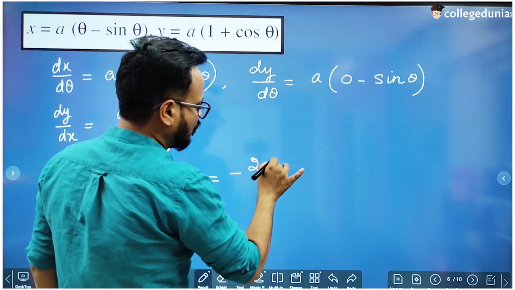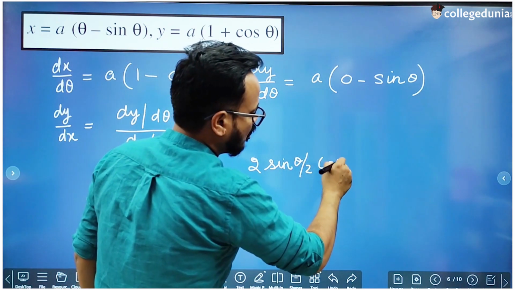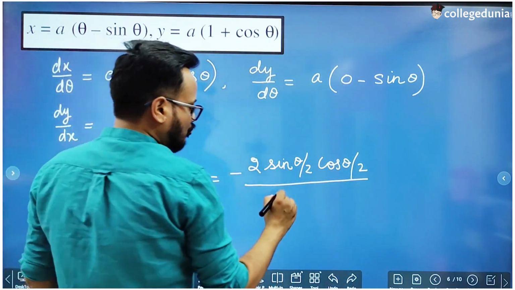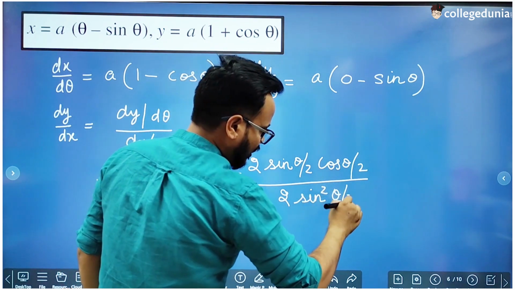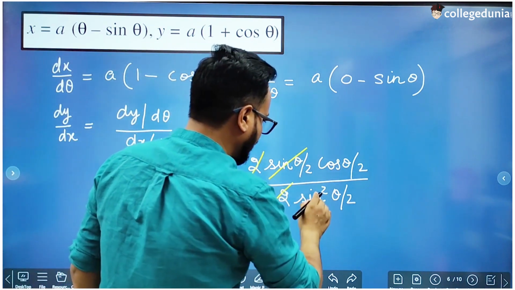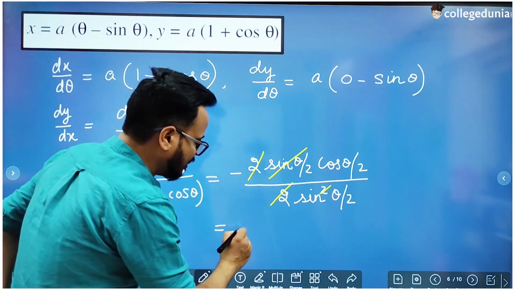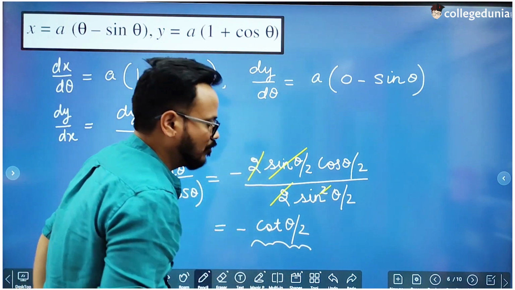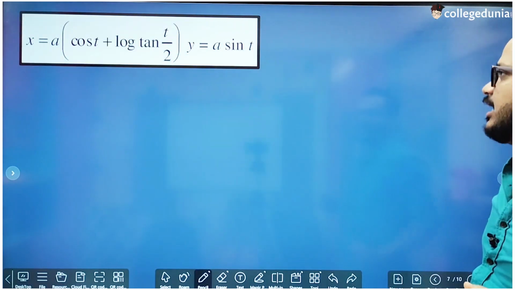For sin theta, you will put the half angle formula, 2 sin theta by 2 cos theta by 2, divided by 1 minus cos theta, which is 2 sin square theta by 2. Now cancel 2, 2 and one term of sin theta by 2, and we are left with cos theta by 2 by sin theta by 2, which is minus cot theta by 2. Right? So this is how you can do parametric differentiation.